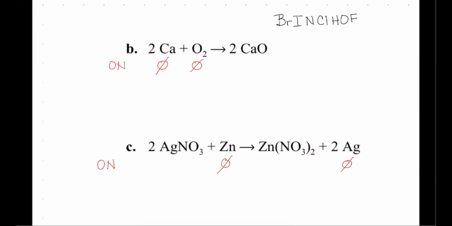Continuing on. Now, we see, for example, in letter B, that we have the atom of oxygen. Oxygen always has an oxidation number of -2 unless it is in peroxide. That's it.